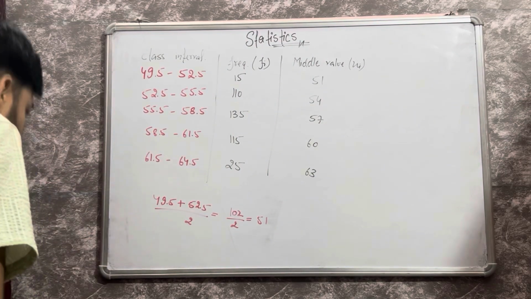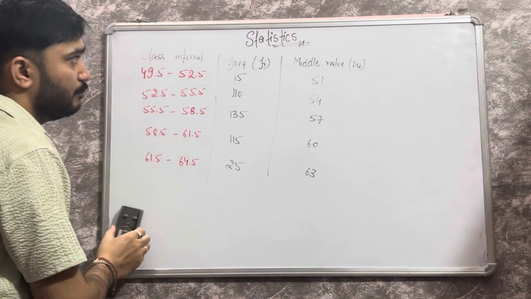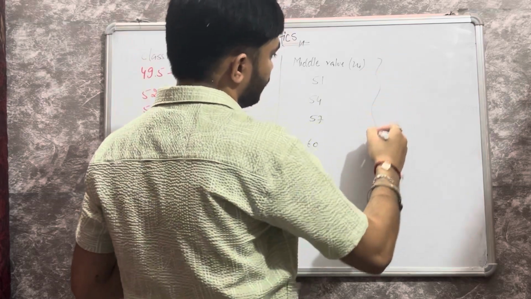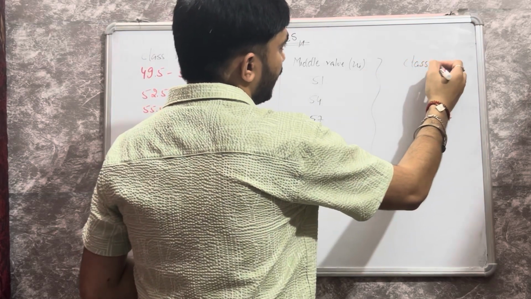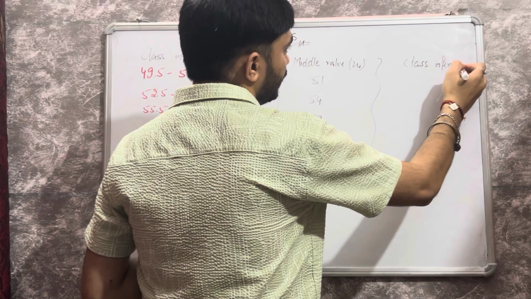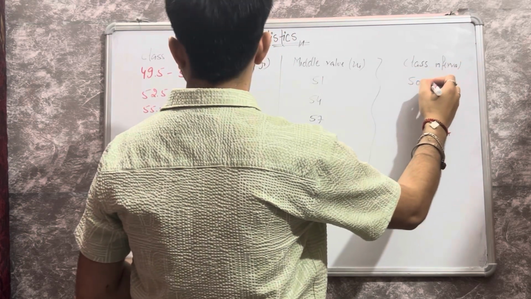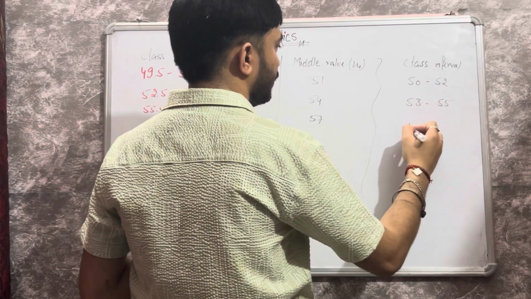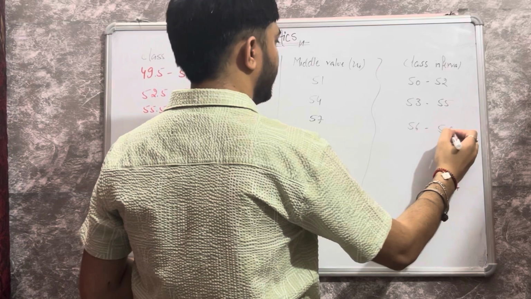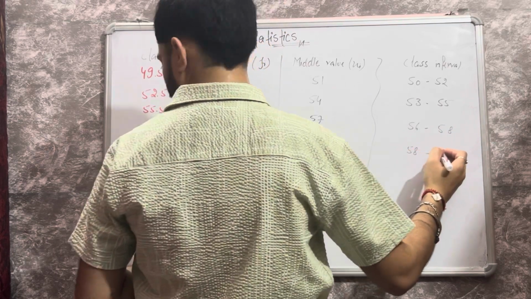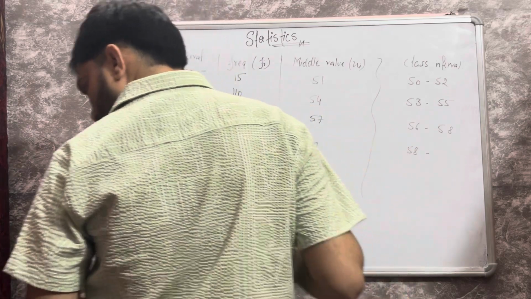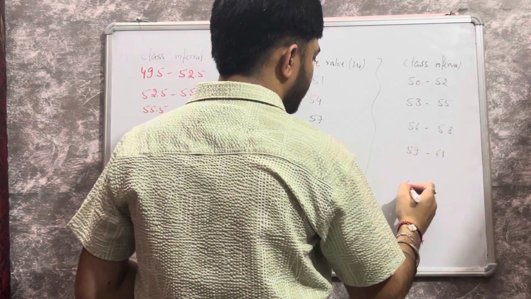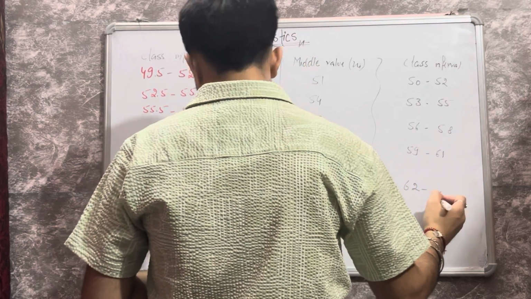Now there is another way of finding the middle value very easily from the data. The initial class interval given to us is 50 to 52, 53 to 55, 56 to 58, 59 to 61, and 62 to 64.